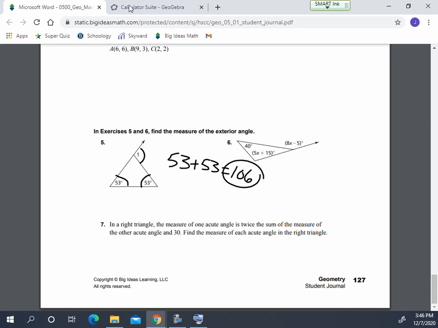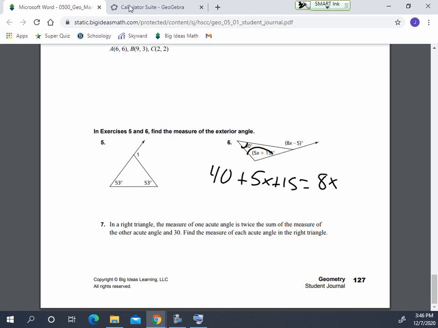Number 6, we know that 40, angle 40, plus this angle, which is 5x plus 15, equals 8x minus 5. Okay, here's where algebra steps in. We have to solve for x. Actually, we have to find the measure of the exterior angle.